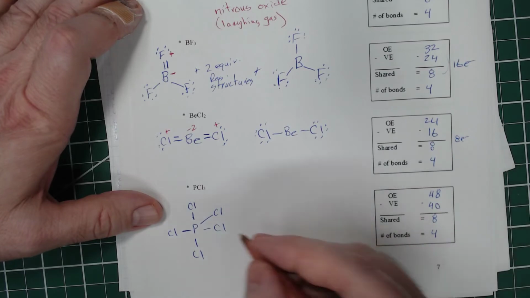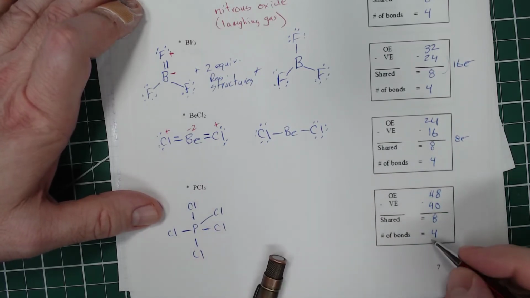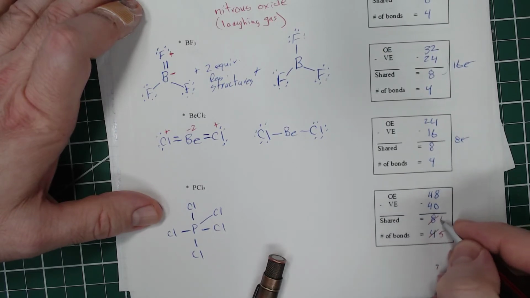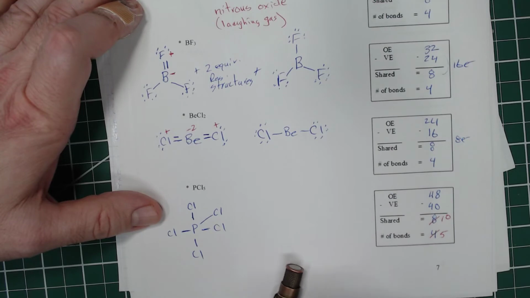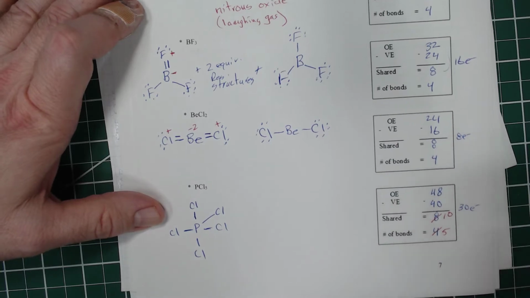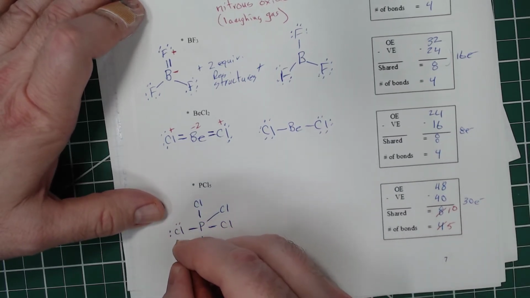That's 4 bonds. Well, we can clearly see we've already got 5 bonds, so we're just going to take that number, cross it out, and put 5, which means that this has to be 10. So we have 10 shared electrons. 40 minus 10, that gives us 30 lone pair electrons. And if you look, we'll put 6 onto each of the 5 chlorines. 6 times 5 gives us those 30 electrons.